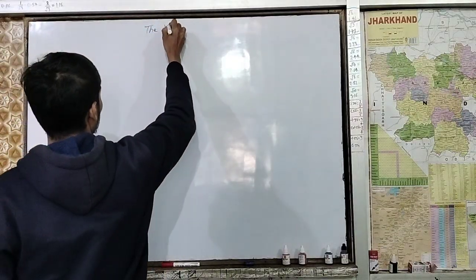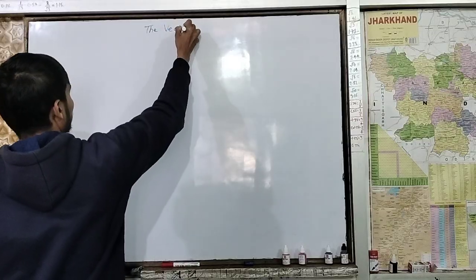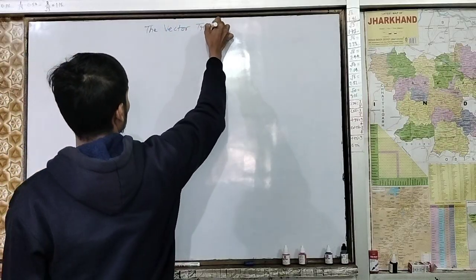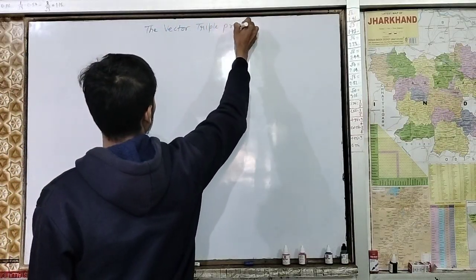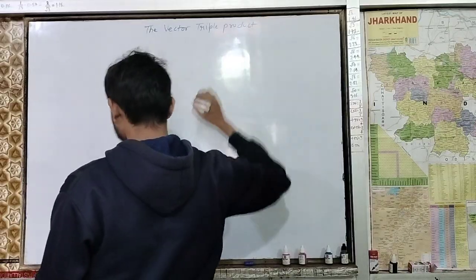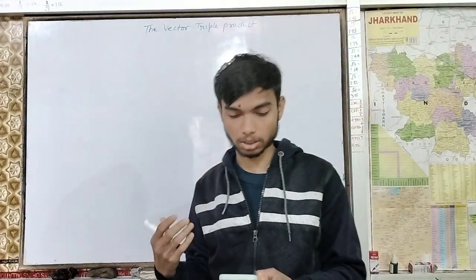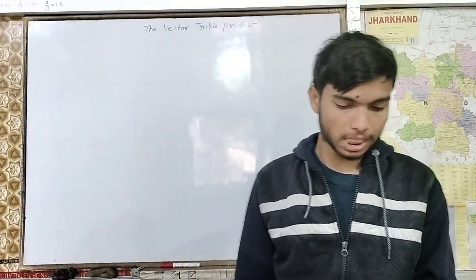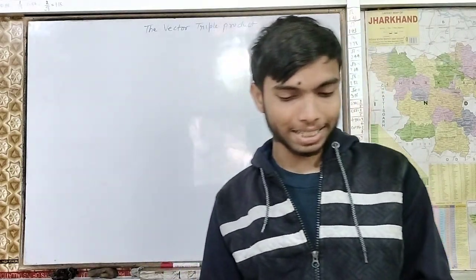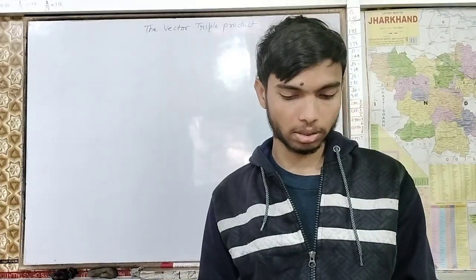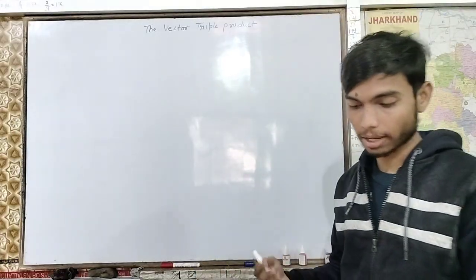The vector triple product. Let's read some sentences about it. The vector triple product, as its name suggests, produces a vector.